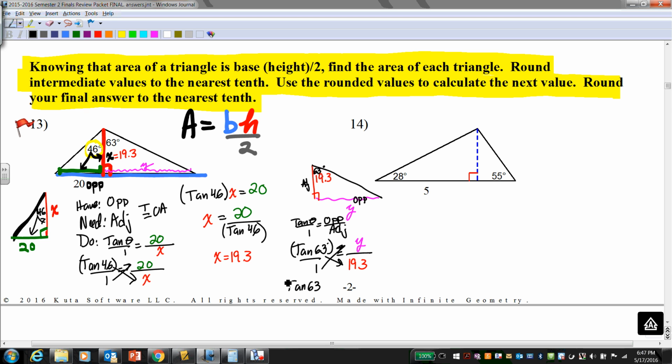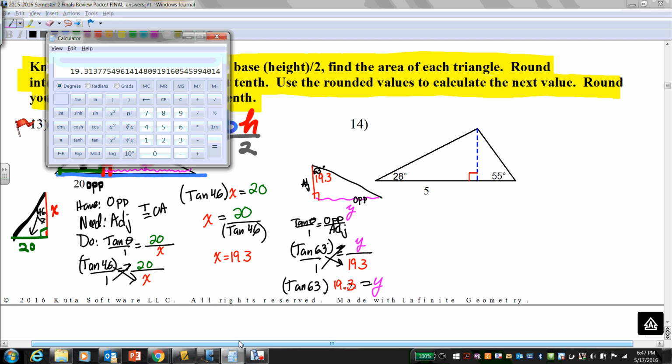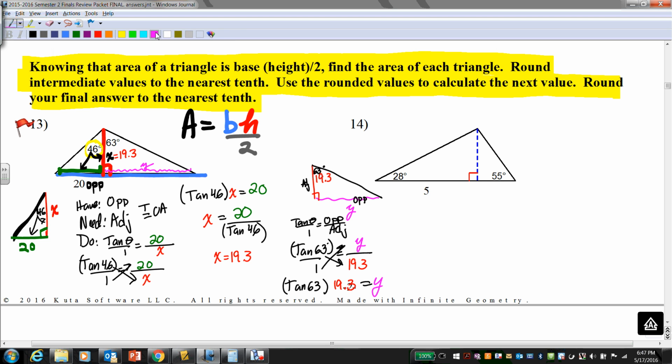Tan 63 times 19.3 is going to give us our y. Round it to the tenths place, 37.9. So this is going to be 37.9.